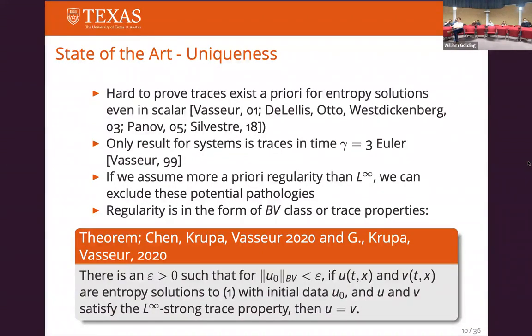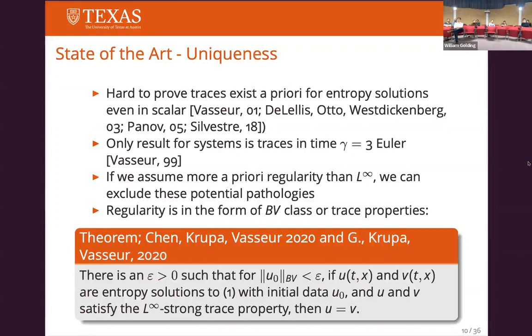Okay. And the other direction is, what if we just assume the regularity? What can we get? And this regularity would be BV regularity or trace properties. So the best result that we have for 2x2 systems is here.